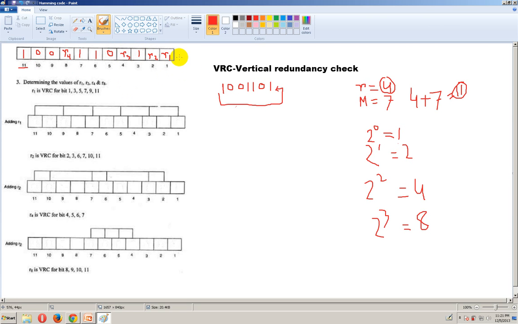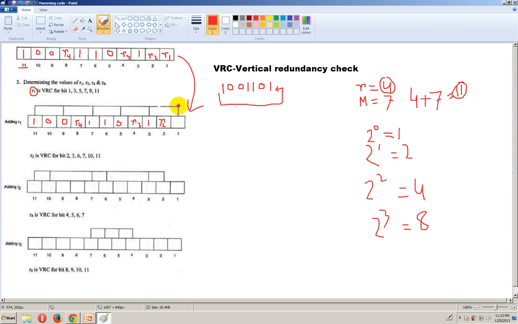Now we move to the next position. Our next task is to find r1. Here we already wrote r1 is VRC, the vertical redundancy check. So how do we get 1 3 5 7 9 11 here? The rule is, when we check r1, we check one bit and skip one bit.